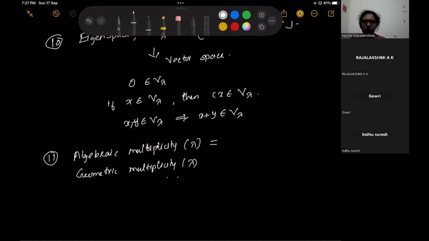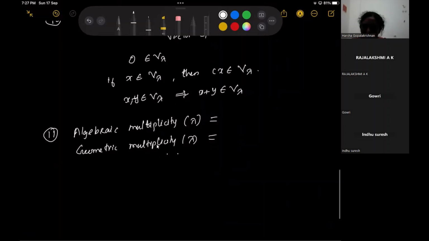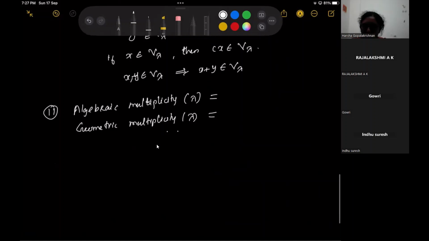So what is algebraic multiplicity and geometric multiplicity? Does anyone know what algebraic multiplicity is? Okay, let me explain.